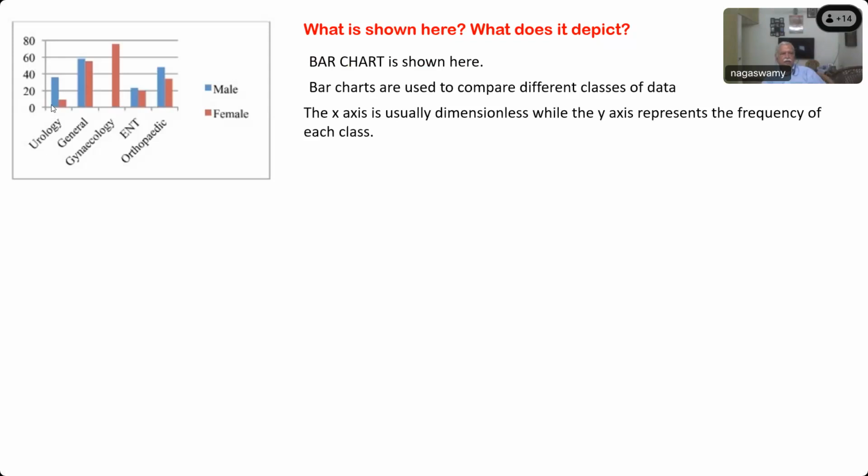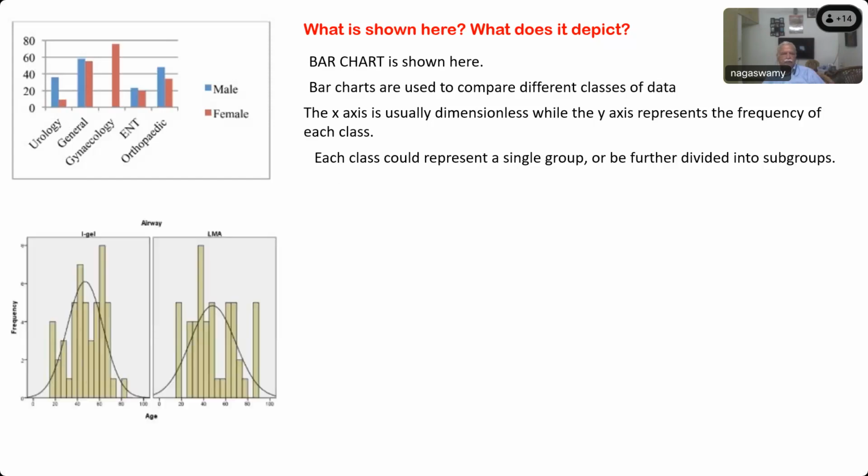You can see there is no dimension given, and the y-axis represents the frequency of each class. Each class could represent a single group or be further divided into subgroups. So each bar has been divided into male, female, and so on. So this is the picture of a bar chart.